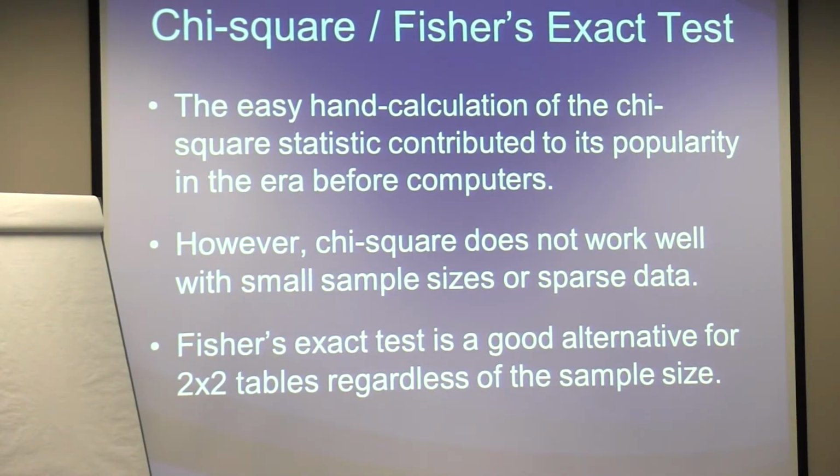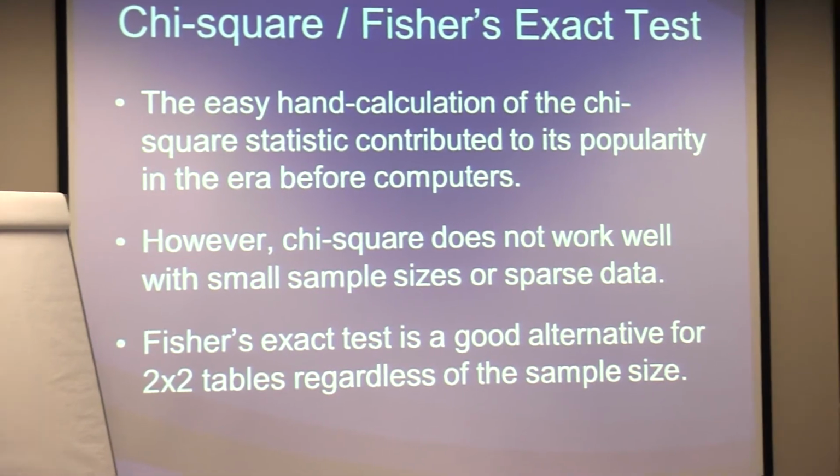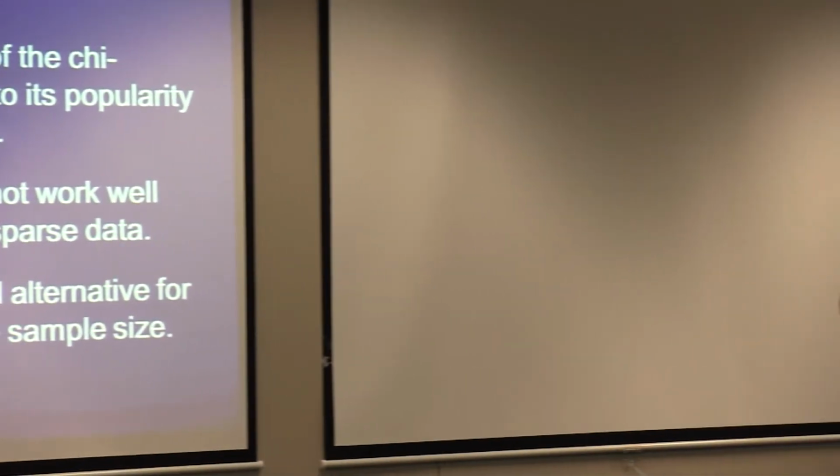Sometimes it was probably overused, with research geared towards what statistical test you could do that wouldn't take a ream of paper and 3 weeks of calculations. But it doesn't work well when you have a small sample size or sparse data. If you have a 2x2 table and one cell doesn't have very many people in it, that poses a problem for the chi-square.